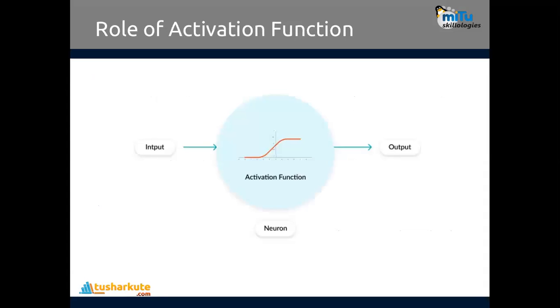That's called a step function. Here we have an input and an activation function. This is shown over here, just like a sigmoid function which is used, and based on that we generate the output. A common neuron has this kind of functionality.